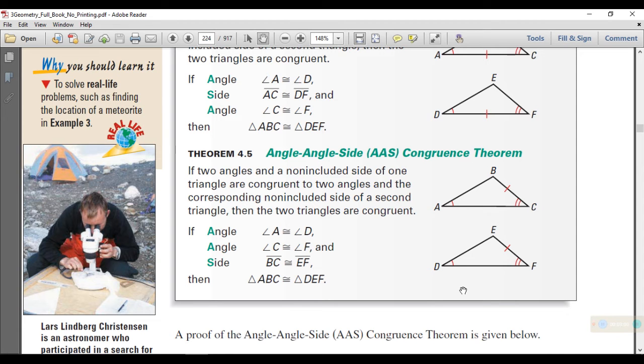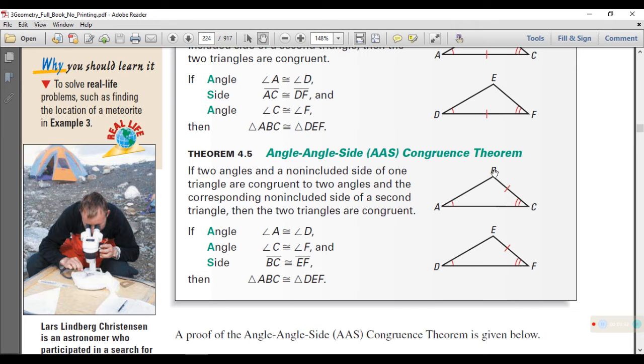But you have to take note that since BC is a side of angle C, and C is congruent to F, the non-included side you use must be the side that belongs to the corresponding congruent angle. So, the non-included side of angle F is EF.